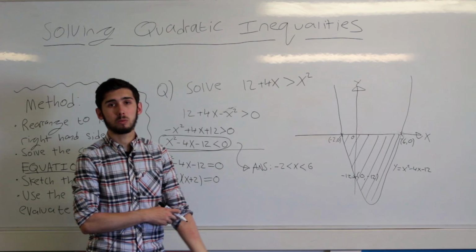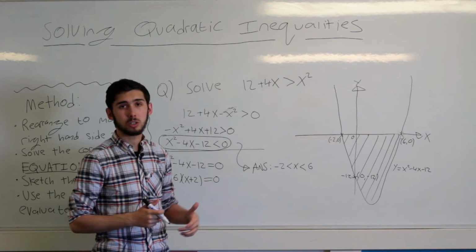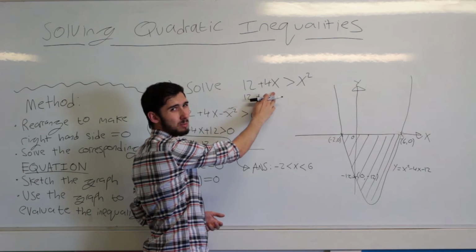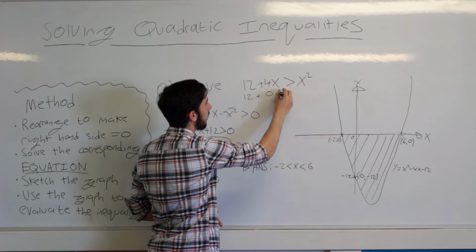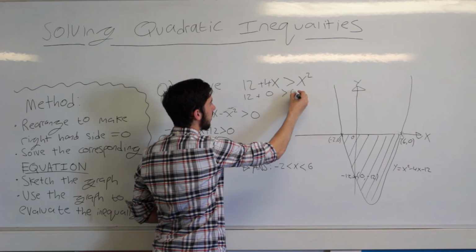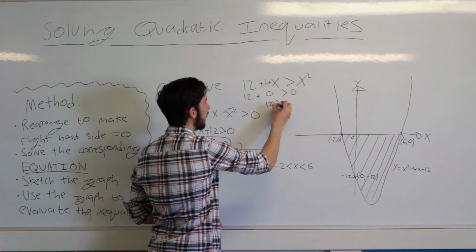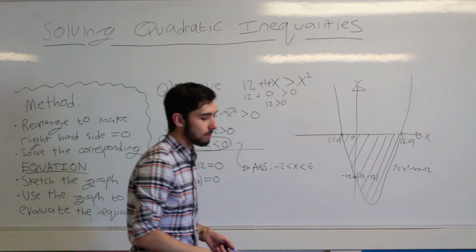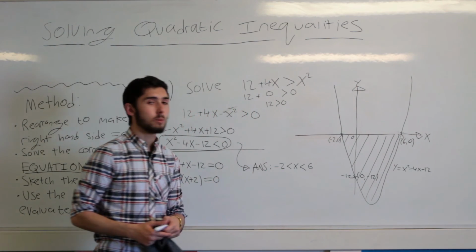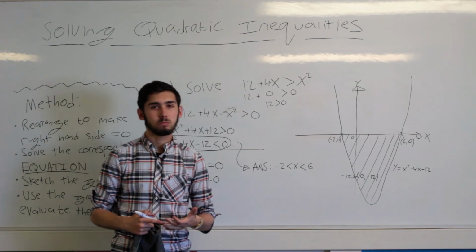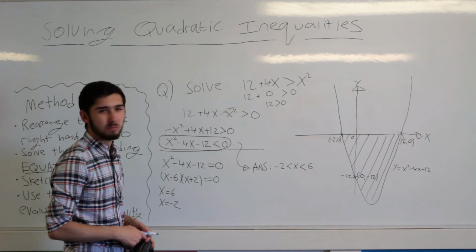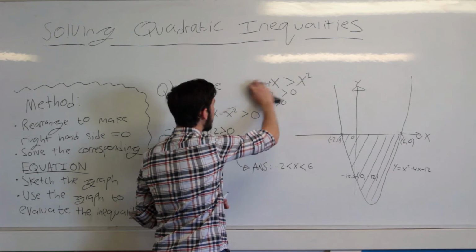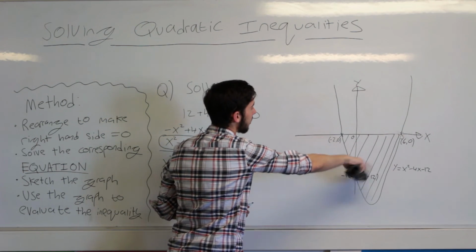Let's just say 0, right? 0 is between -2 and 6. 12 plus 4 times 0, so it's just 12, is bigger than 0 squared, which is 0. 12 is bigger than 0. Seems about right to me, guys. And again, you can try it with any number. Try it with -1, 1, 2, 3, 4, 5. You could try decimals, fractions, whatever you want. It's always going to be true within this range of values, okay?